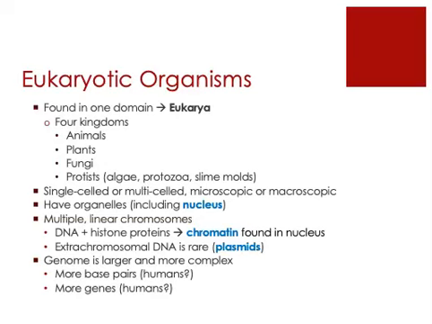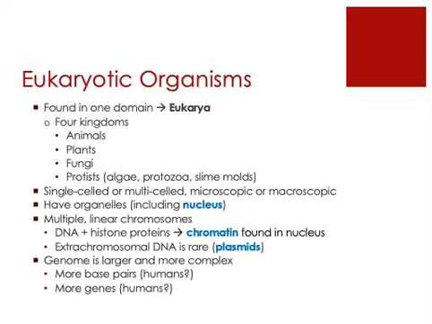In other words, most bacteria look pretty similar to each other. There are some differences, but not tremendous differences. Most archaea look pretty similar to each other. In comparison, when you get into the eukarya domain, you see tremendous variation in how organisms look. The animals, the plants, the fungi, and the protists all look very, very different from each other.